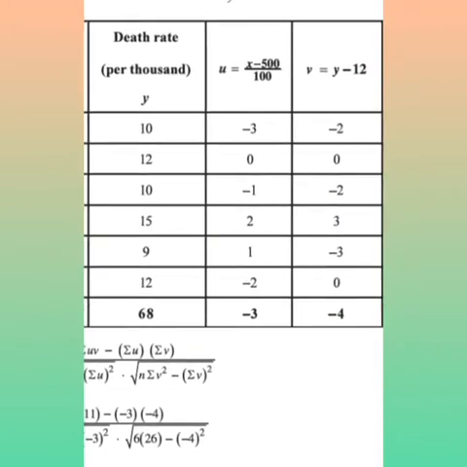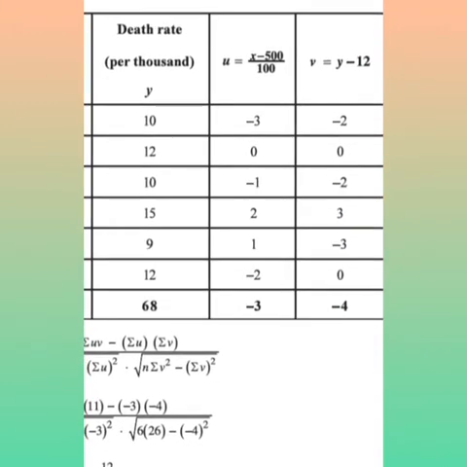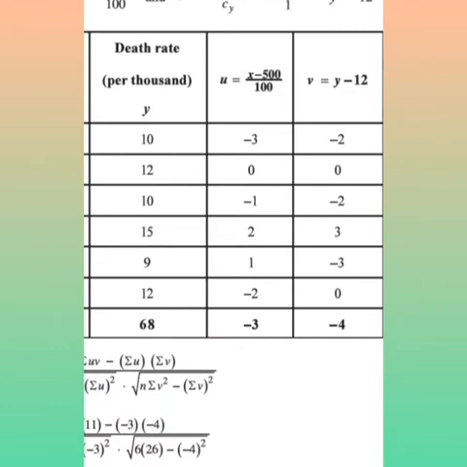Then comes v. We have seen above that it would be y minus 12. You only need to change the origin. That is, 10 minus 12 will give you minus 2. 12 minus 12 we know is 0. All the numbers which we have in y, we have to put into the formula for v, right?